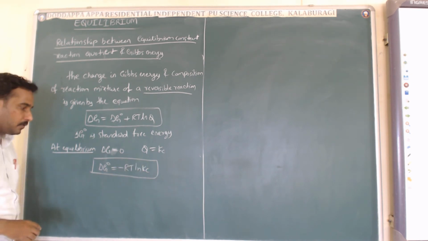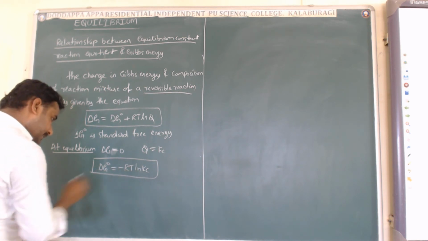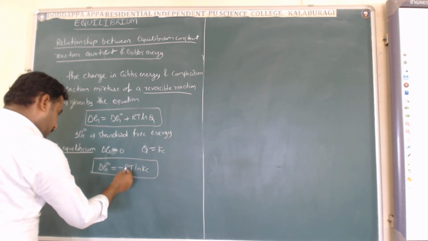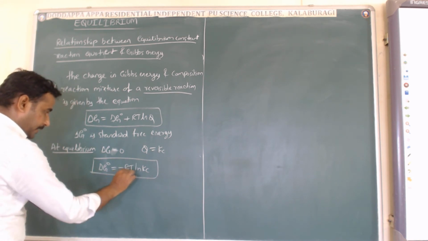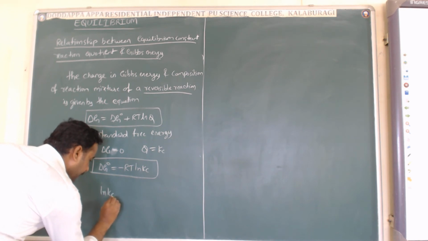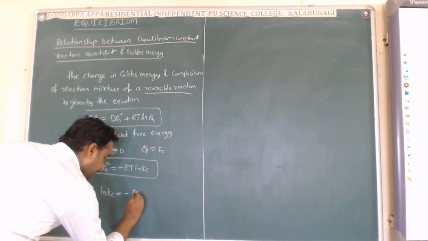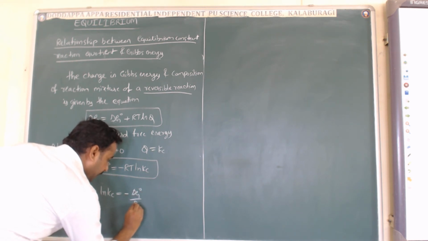Moving minus RT to the other side, ln Kc is equal to minus delta G naught by RT.